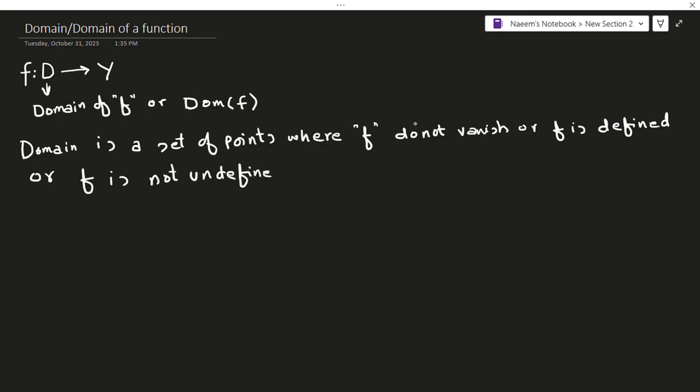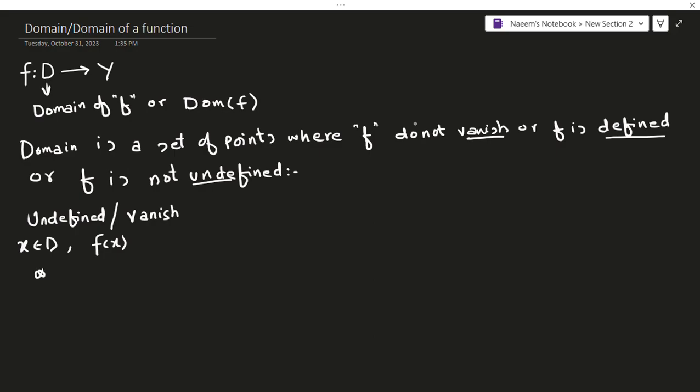Actually, we have to learn this thing. f is not undefined or vanished, or f is defined. What does it mean to be undefined or vanish? It means all those values of x, where x comes from D, such that when you put this x in f of x, f of x gets any one of the following forms.